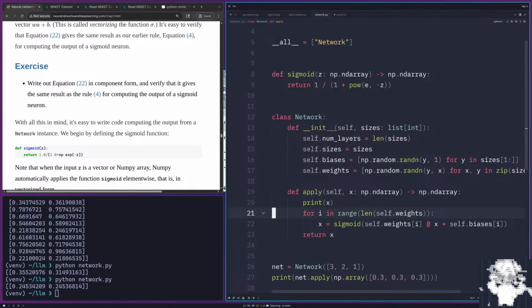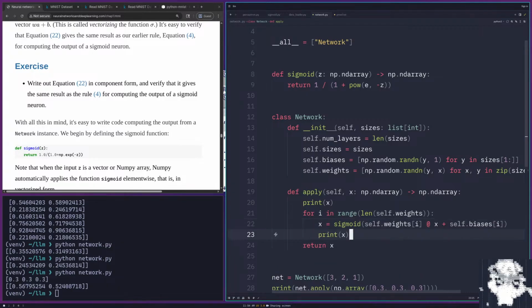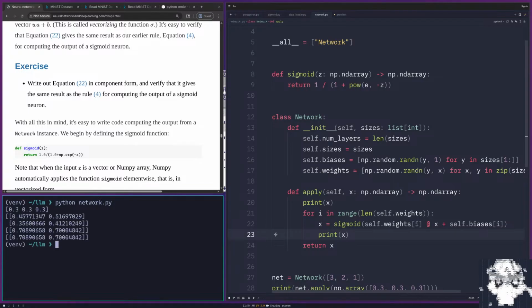What is x starting as? 0.3, 0.3, 0.3. And then print it after each transformation. 0.3, 0.3, 0.3. And then it's a 2x2. But x should always be a vector.